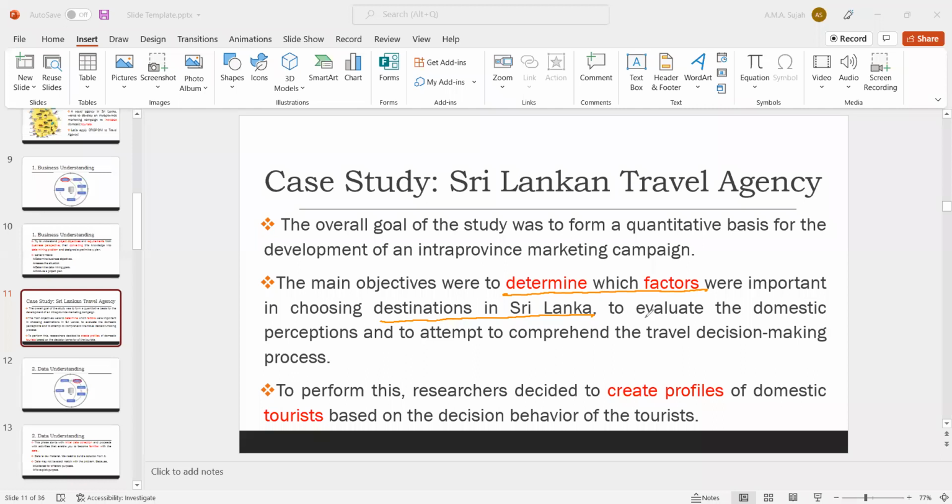So we need to find out what the different factors are and collect them. Based on the factors, we can cluster the customers. How can we find out these factors?